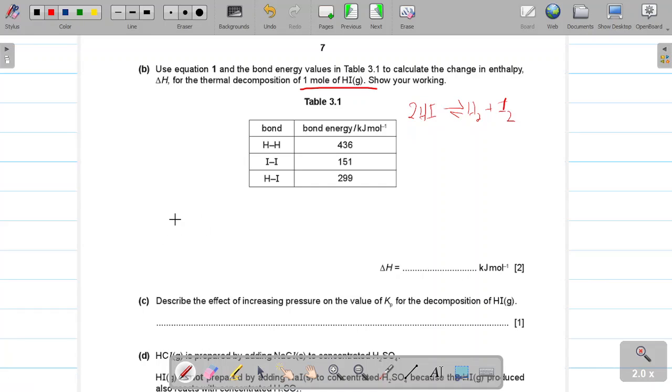So a good way to work this out is that the energy change, delta H, is equal to the energy required to break bonds plus the energy given out when bonds are formed.